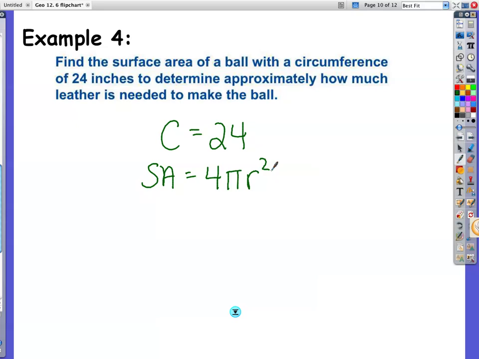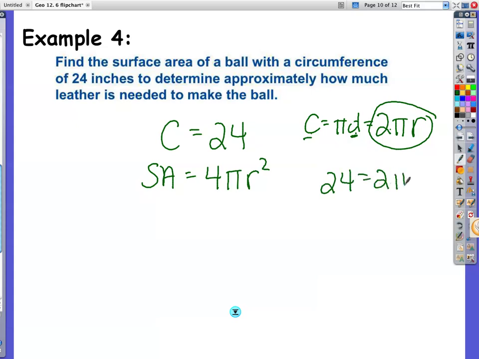So let's think back. You can either use pi times diameter, or 2 pi r. I'm going to use this equation because that's going to help me get the radius, which is what I need. So 24 is equal to 2 pi r.